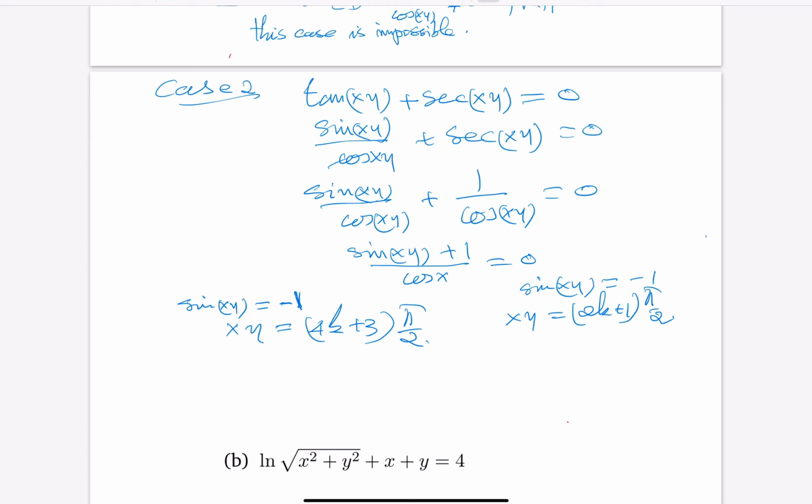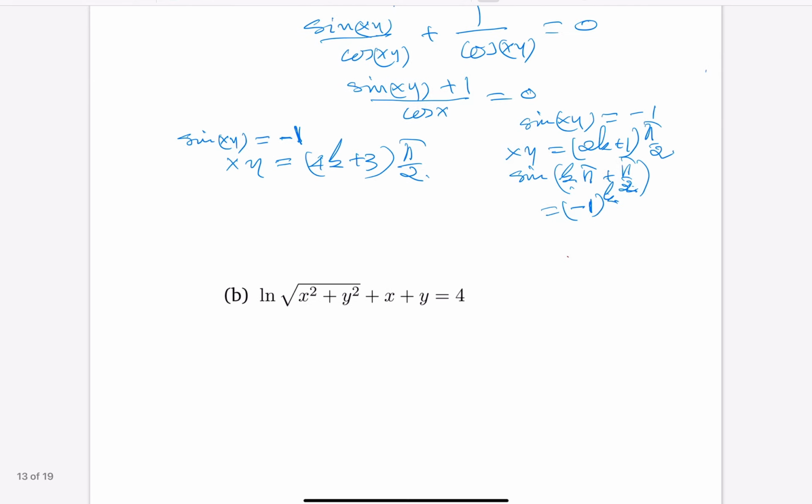If this one is the case, you have this one. So you will have a sine of, if you put the pi over 2 inside, you have k pi plus pi over 2. Okay? And here you can tell it is sine here, and cos you only can have negative 1 to the k. Okay? Now, what you have here, this one has to be negative 1, then since it's negative 1, k has to be an even number.